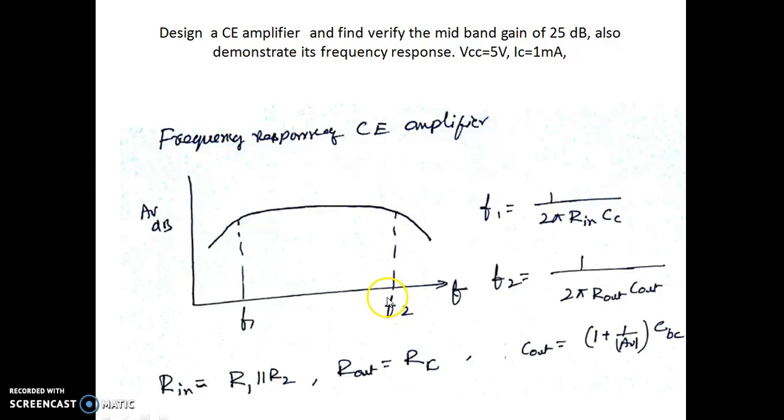F2 is again 3 dB down from the maximum. After finding out these frequencies, we can verify using this equation, and we can also estimate the value of C out, because we know everything except C out. We can find out the junction capacitance of the transistor.